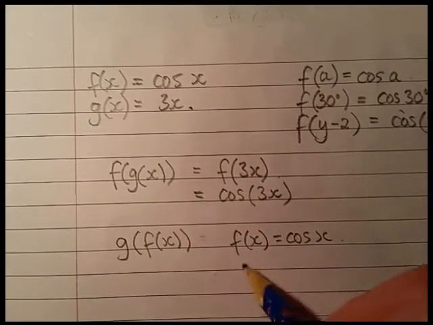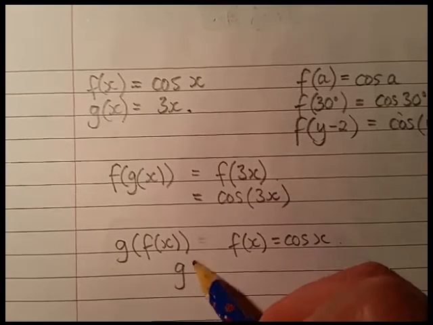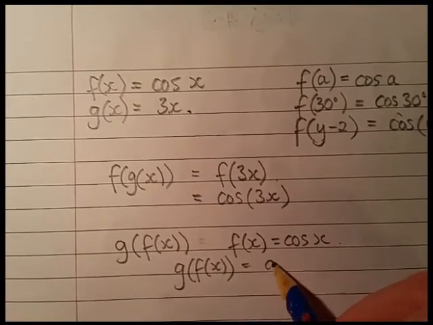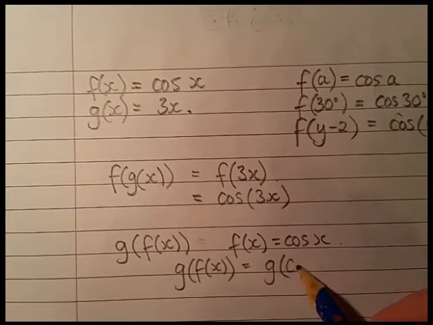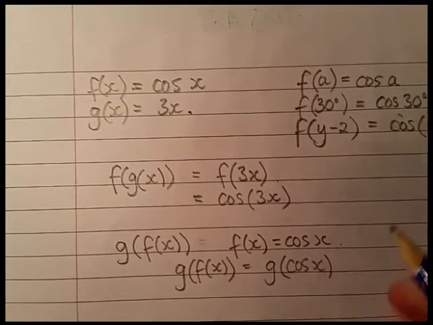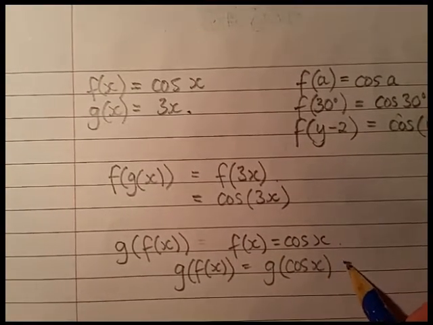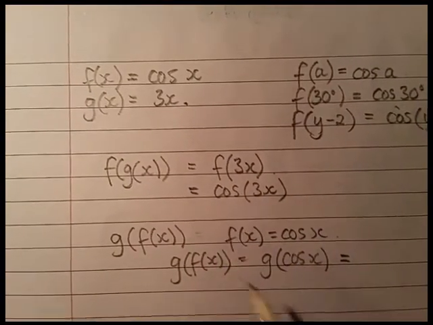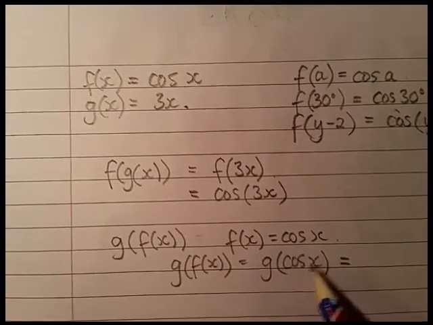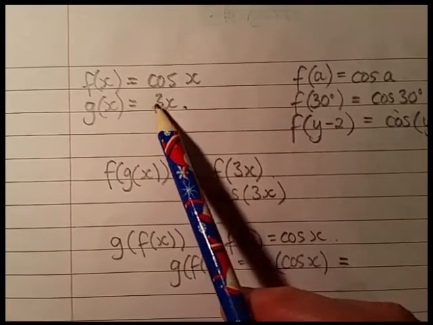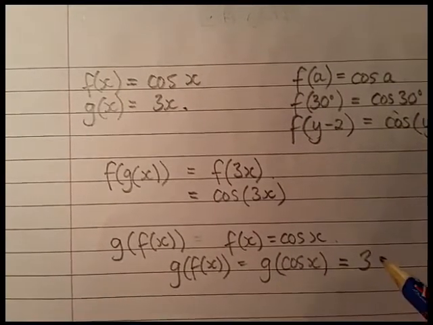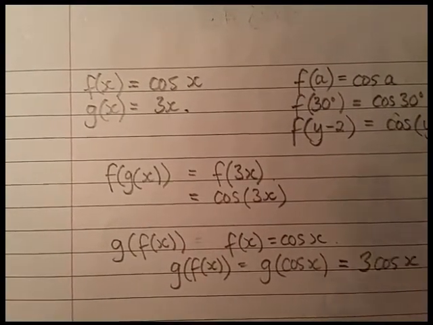So g of f of x must be g of cos x. Now we know what g of anything is. g of something, whatever you put into it, is 3 times that. So it's 3 times what we're putting in, 3 times cos x.